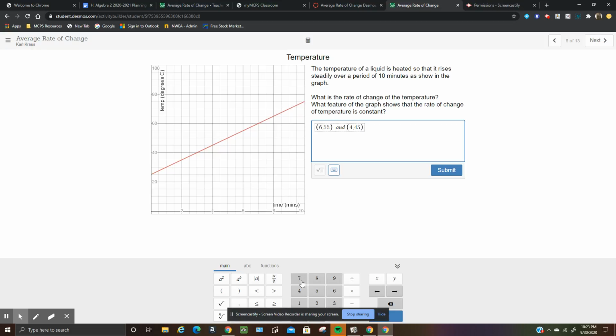And then I could do the slope is equal to 55 minus 45 over 6 minus 4.